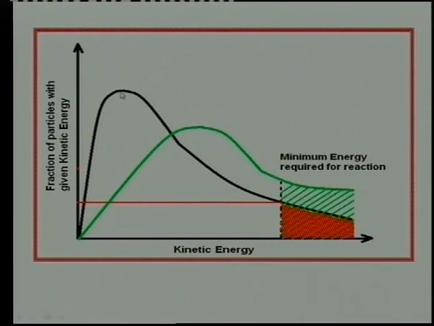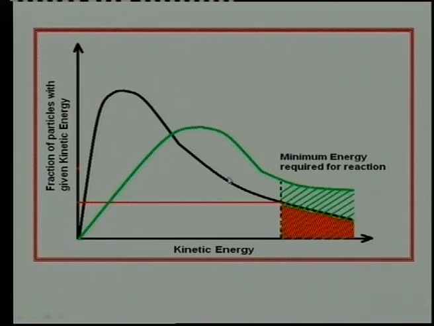This is a higher fraction of particles with a low energy, so this is the lower temperature represented by the black curve, and this is a lower number of particles with a low energy, or alternatively a higher number of particles with high energy. So the green curve, although it is lower than the black curve, represents the higher temperature.